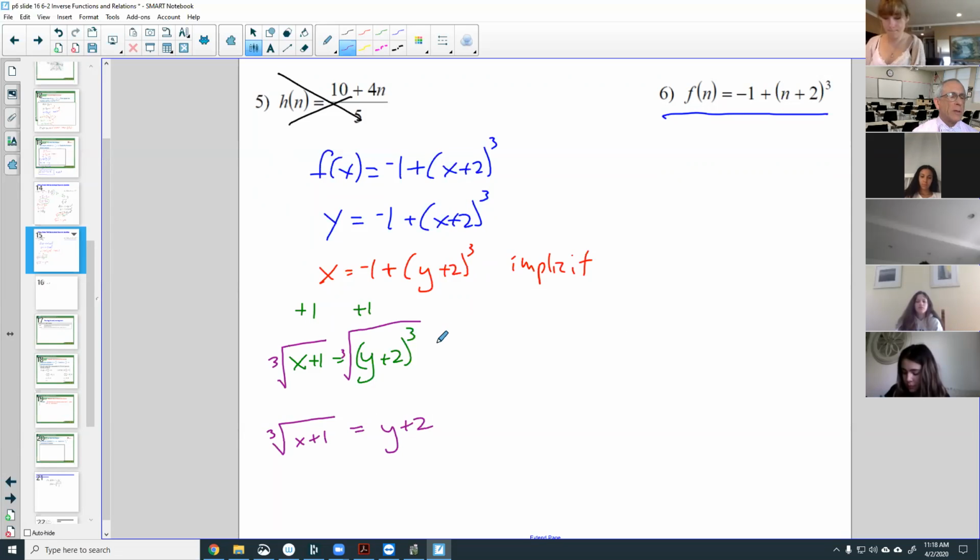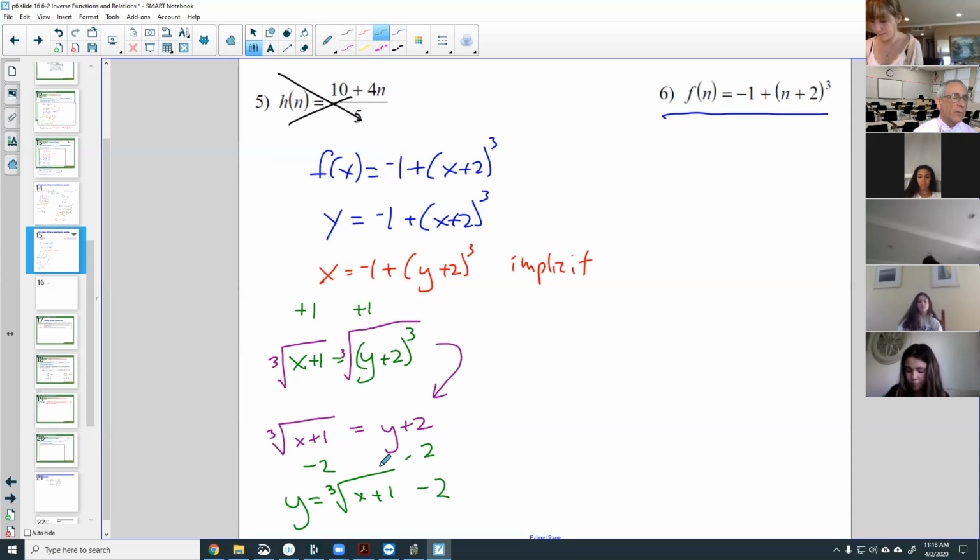Now that's a pretty key step right there. Everybody's okay with that? Okay. So now I'm still trying to get y all by itself. I think I'll just subtract 2. So I get y is equal to the cube root of x plus 1 minus 2.